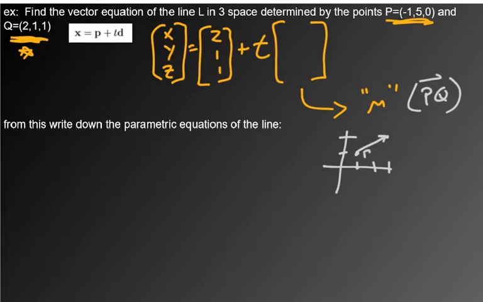So if my p is here and my q is here, I take the x component of q and subtract the x component of p. So 2 minus -1 is 3. And then 1 minus 5 is -4. Then 1 minus 0 is 1. And that would be it.